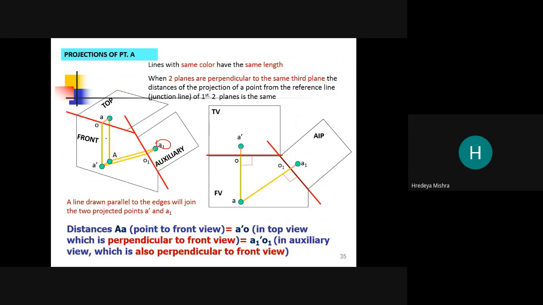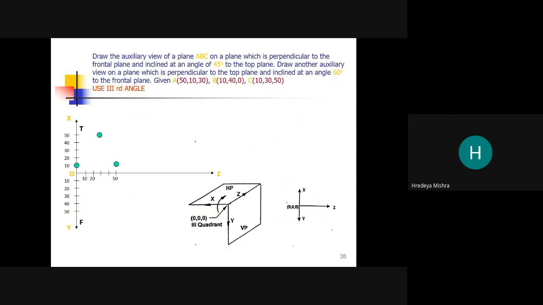Because these represent equal lengths, they are in the same color. Now draw the auxiliary plane. Now we can draw this in the auxiliary plane.